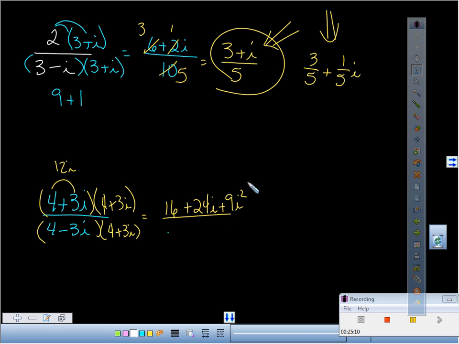What is that? Minus 9. What is 16 minus 9? 7 plus 24i over, on the bottom, 16 plus 9 is 25. It is 7. It's a Pythagorean triple. 7, 24, 25 are the numbers for a Pythagorean triple.